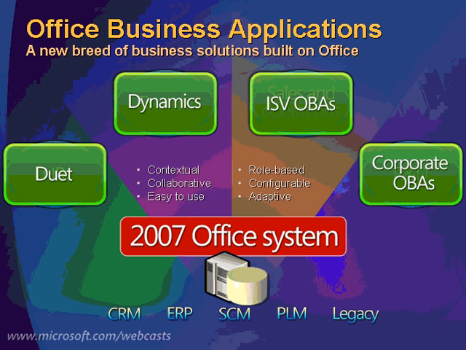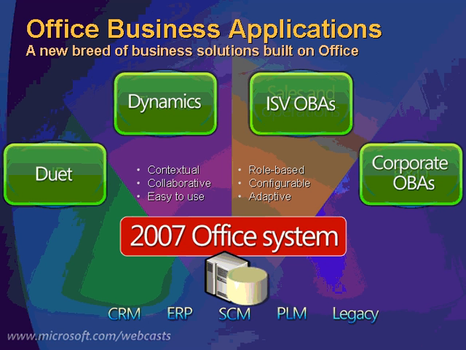So where we're seeing a lot of movement and where we're expecting movement in this new breed of applications is within enterprise companies and with ISVs. And as you can see by this graphic here, I'm sure many of you have heard of something called Duet and Dynamics. And indeed, these were first generation Office business applications where they were, like in the case of Duet, hitting the back-end system such as SAP.